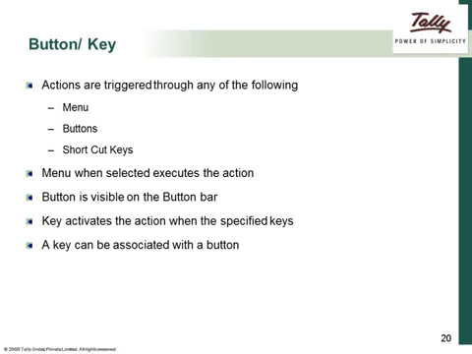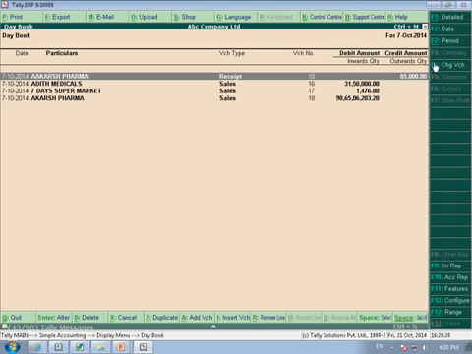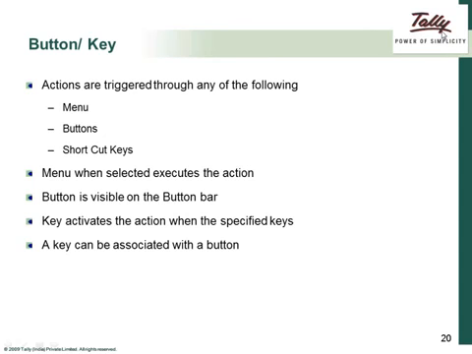A key activates the action when the specified keys are hit, and these are associated with buttons. You see, F4 is the shortcut key associated to a button, or a single underline is Alt plus F2, a shortcut key for period; F2 is a shortcut key for date, right? So every button is linked to a specified combination of keys.